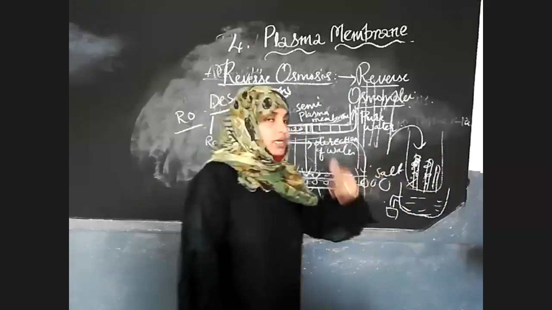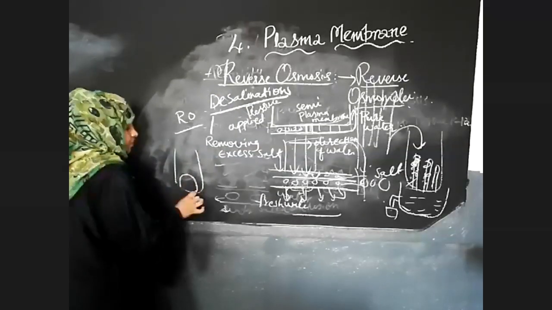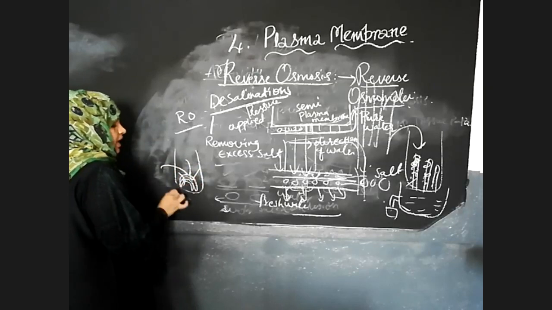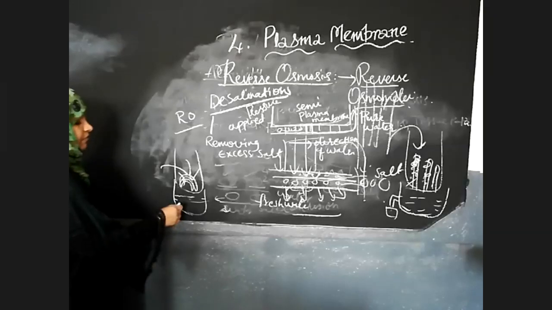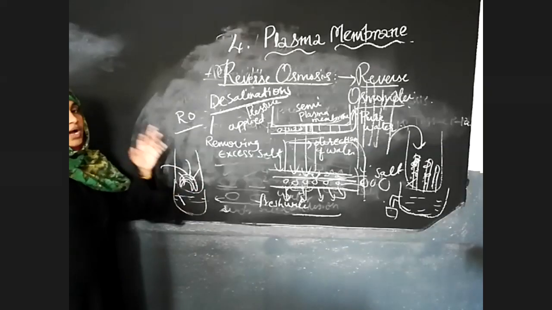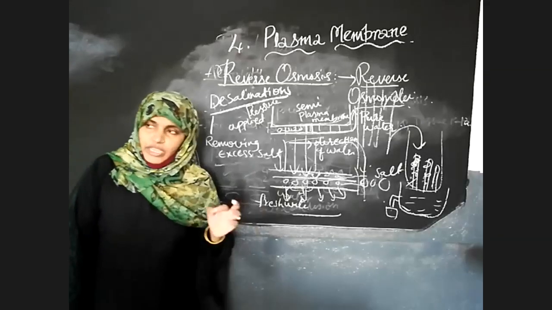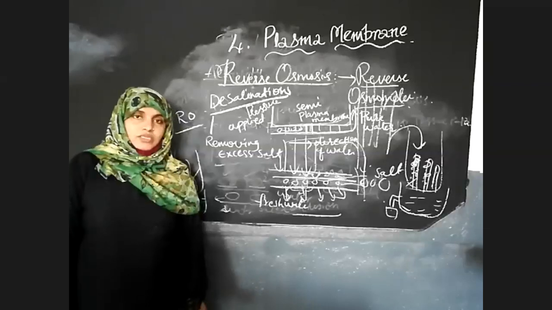But after that, Pureit came. What is Pureit? We used to have a charcoal box in this way. This charcoal box used to absorb the excess amount of salt, passing the water to another chamber, which holds the fresh water. And now, as the technology improves, in every home we are seeing the RO water plant.